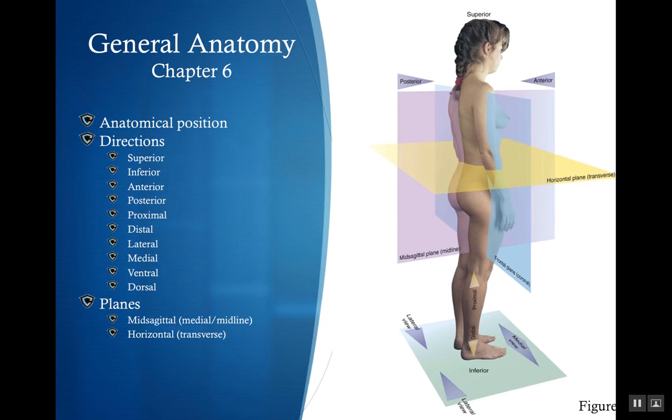The second plane is the horizontal plane or the transverse plane, and that is seen here in yellow, and it divides the body into its superior and inferior portions, or upper and lower portions. The third plane is the frontal or the coronal plane, which is seen here in blue, and that divides the body into anterior and posterior or front and back planes.